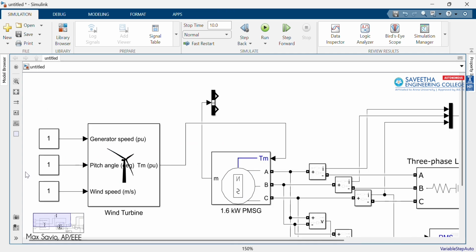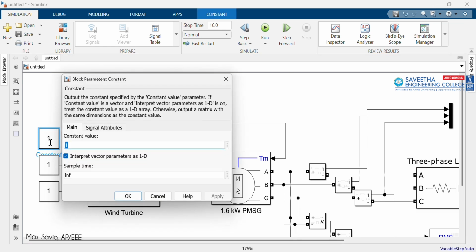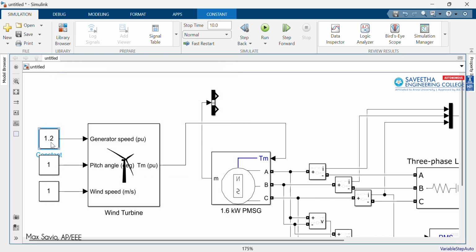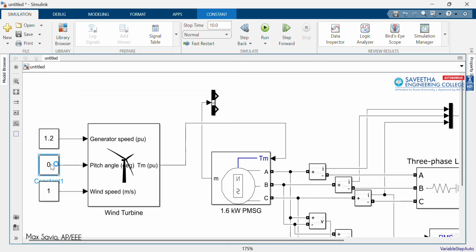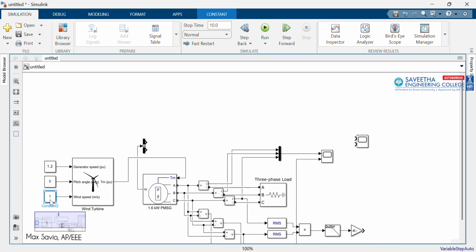In this, the generator speed per unit value is taken as 0.2. The pitch angle remains 0. We are not going to do any pitch control here. This constant I'll rename as wind speed in meters per second.